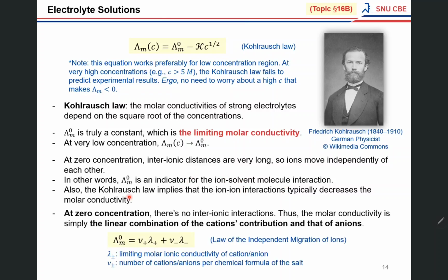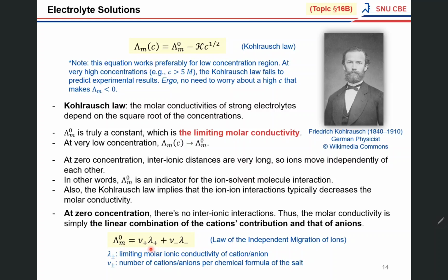So at very, very low concentration, there is no interionic interaction. So the molar conductivity can be written simply as the linear combination of the contribution of cation and anion. There is no interaction between cation and anion, or cation and cation. So we can simply make a summation of the cation contribution to the limiting conductivity and the anion contribution to the limiting conductivity.